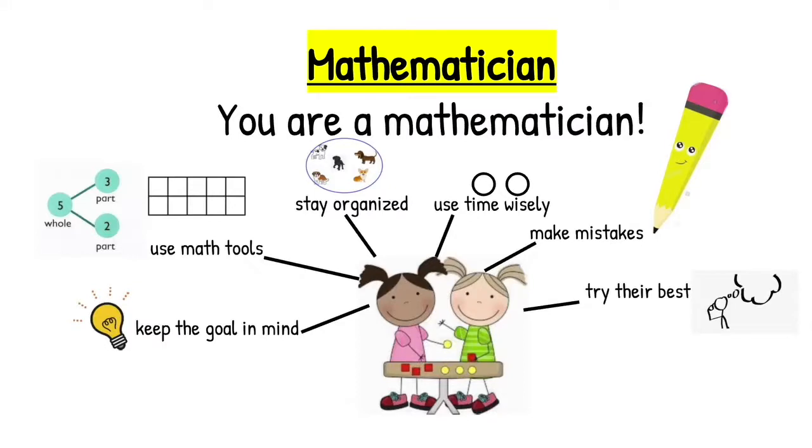Good mathematicians use their math tools like number bonds and 10 frames. And of course, a good mathematician always keeps his or her goal in mind. Our goal is symbolized with that light bulb symbol. Anytime that pops up, that is a clue that right here is an opportunity for me to meet my goal.